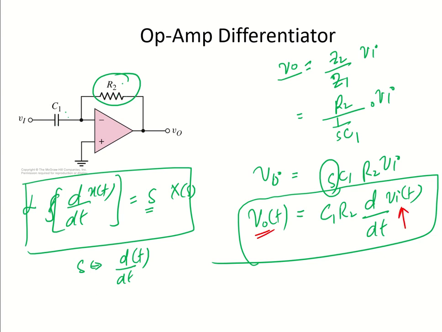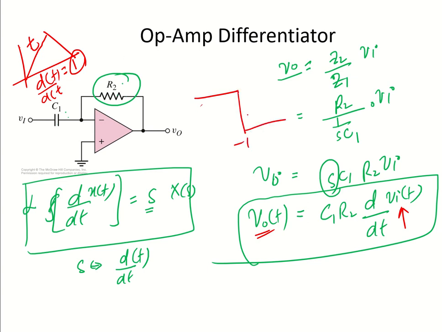Now for example, if the input is a ramp, a triangular signal, with time T, and you take the derivative of the input with respect to T, it will be a constant 1. So the output will be a constant 1, and for the falling part it will be minus 1.